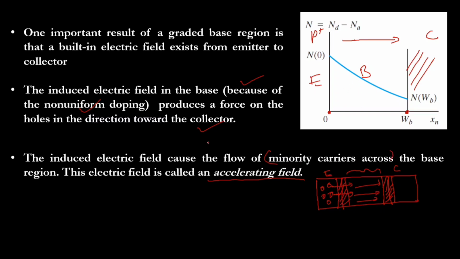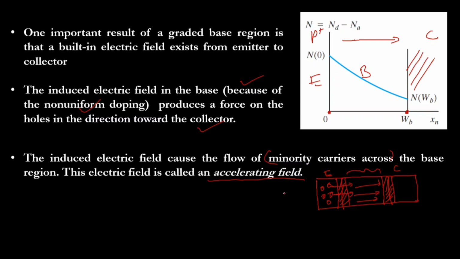The electric field is called accelerating, which gives a positive response. See the emitter current, IE, and the holes are moving fast towards the collector, so that gives you the collector current. The accelerating field will improve the collector current.